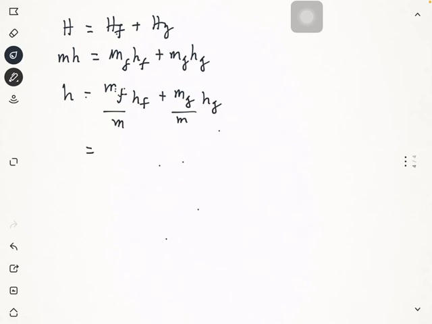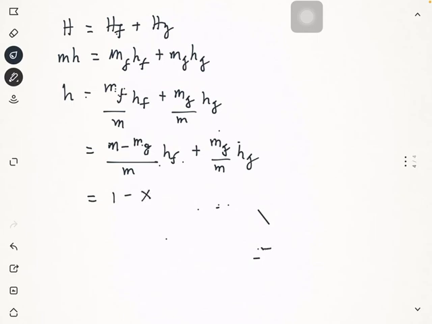And we know that Mf is M minus Mg, right? So M minus Mg over M, hf, plus Mg over M, hg. We know that Mg over M is the quality. So M over M is 1 minus the quality times hf, plus x hg.